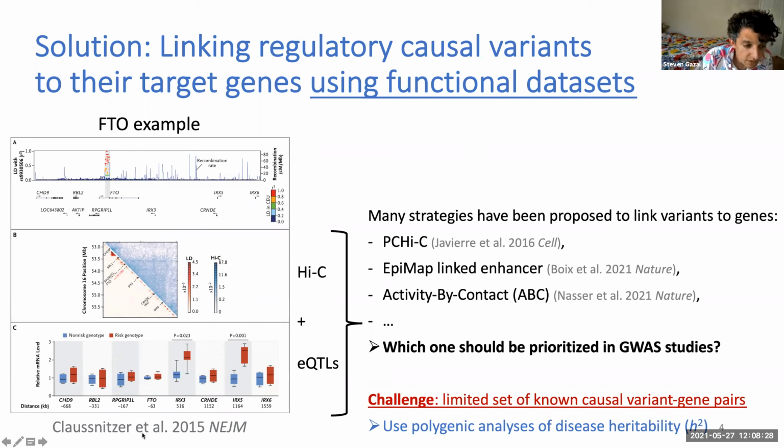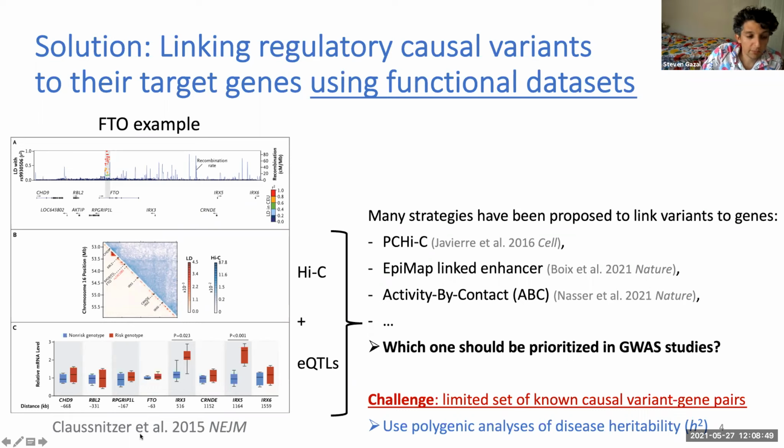I think this has been pretty well illustrated in this paper related to the FTO example. The FTO example is one of the first GWAS hits that fell into the gene FTO, and this variant was associated with BMI and obesity.